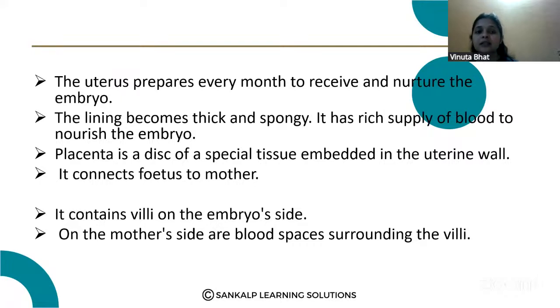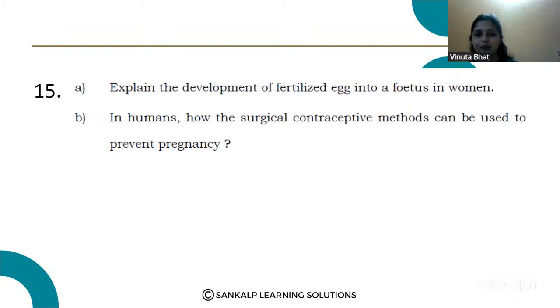The lining of the uterus becomes thick and spongy, and it has the blood supply to nourish the embryo. And the placenta is a special tissue embedded in the uterine wall, and it connects the fetus to the mother. So that helps for the nourishment of the embryo.